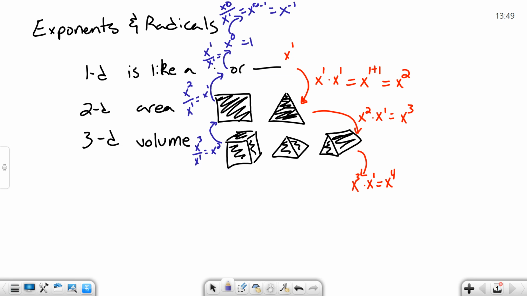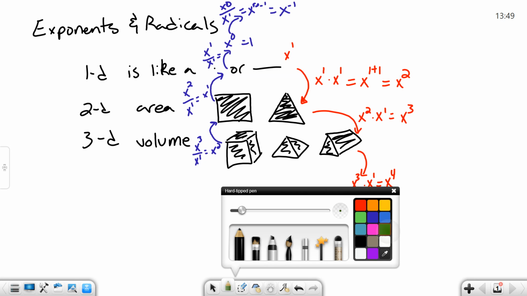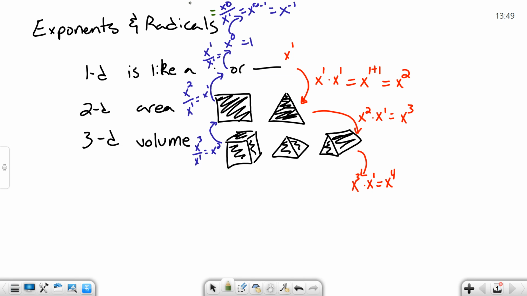What I like about this is it also shows on this side here that 1 divided by x to the first is equal to x to the negative 1 power.